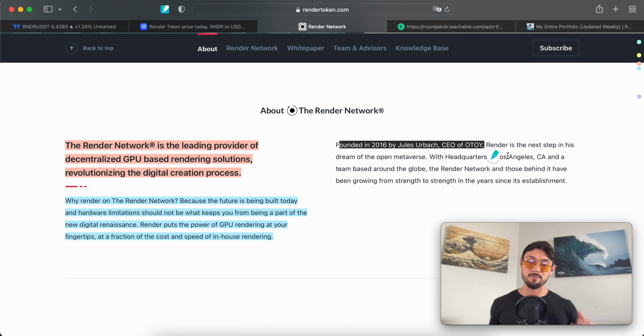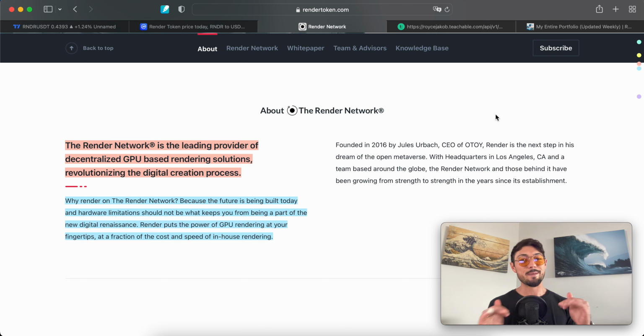If you look up Jules Urbach and Otoy, this company is so connected, so competent. These same investing principles apply across the spectrum. Always bet on the founder. Celsius, Luna: if you look at the founders of these two projects, you watch them speak, it's very evident that it's not surprising that they collapsed.